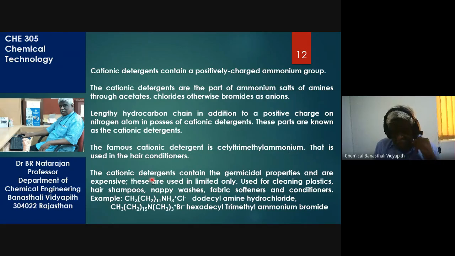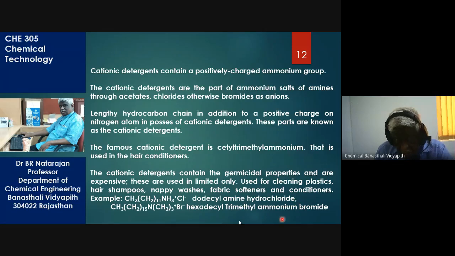Also, the cationic detergents contain germicidal properties. Wow. And are expensive. Yes, naturally. These are used in limited supply only, limited use only. Used for cleaning plastics, hair shampoos, nappy washes, fabric softeners, and conditioners.